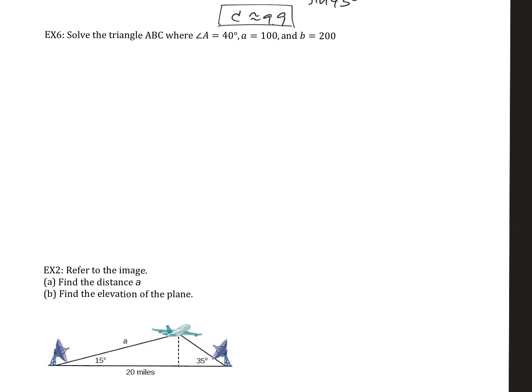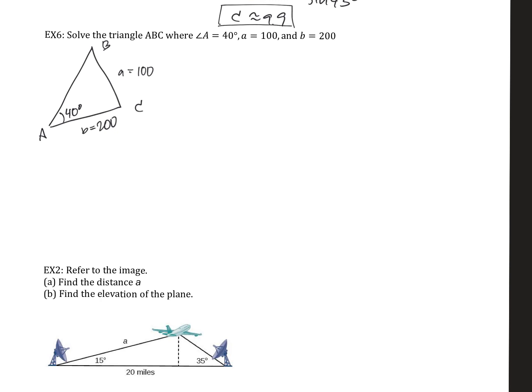Solve the triangle ABC, where angle A is 40 degrees and side a is 100 and side b is 200. So let's go ahead and set this up. I'll call this A, B, C, with 40 degrees, a equal to 100, b equal to 200.